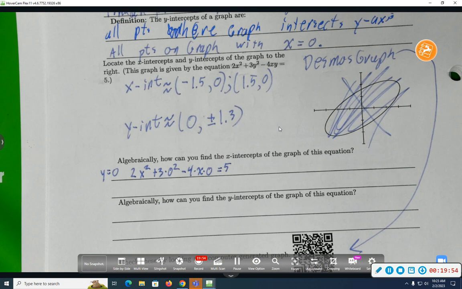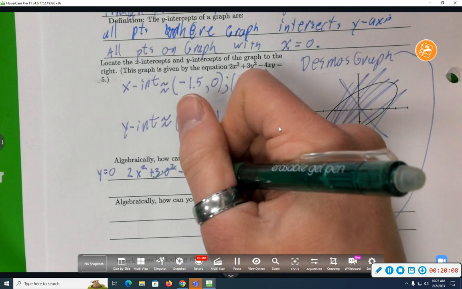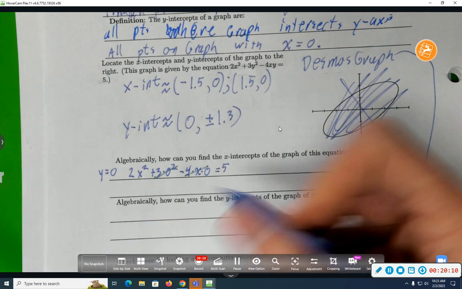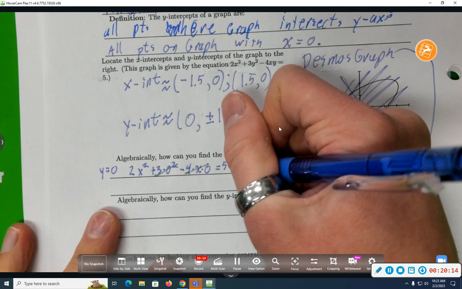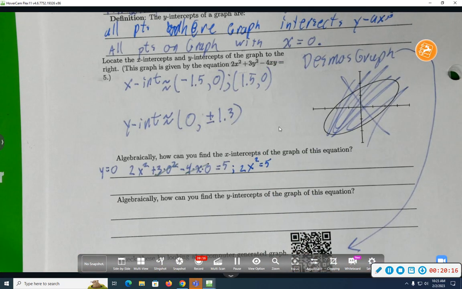And that's an equation that I'd like to solve. Do all of those zeros help me out a lot now? I think they do, right? 0 times anything is 0, and adding and subtracting 0 doesn't do anything. So I can drop those terms and just get 2x squared equals 5. There's an equation I'd like to solve.